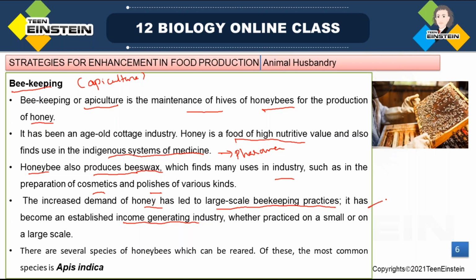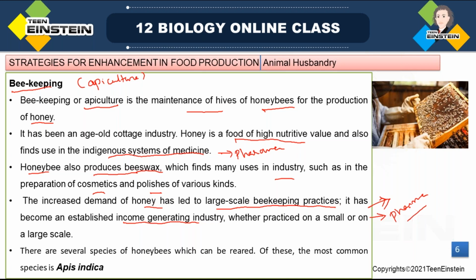People got an idea of how it is done and how they can generate income from it. Based on the industrial usage and the high demand in the pharma industry, people started large scale business.